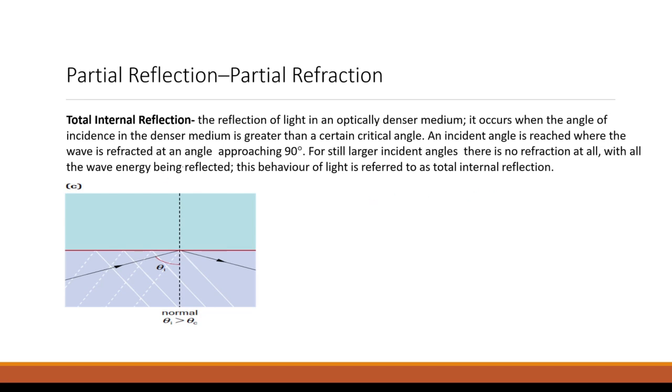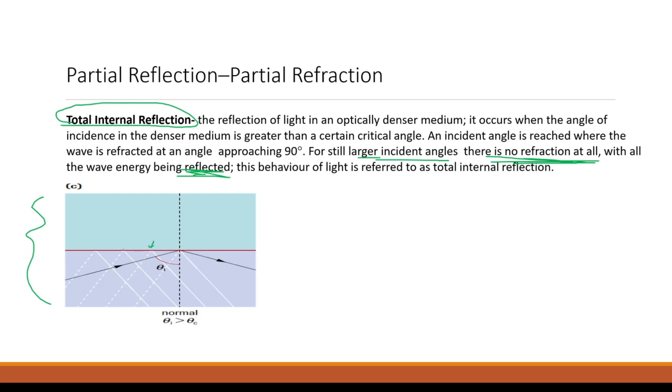When this is reached, with these larger incident angles, there is no refraction at all, with all the wave energy being reflected instead. This behavior of light is referred to as total internal reflection. And that looks like this. It looks very neat. Notice that all the waves are being reflected and nothing's being refracted here.